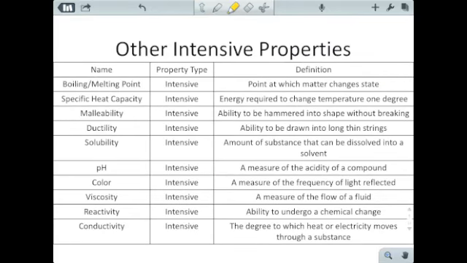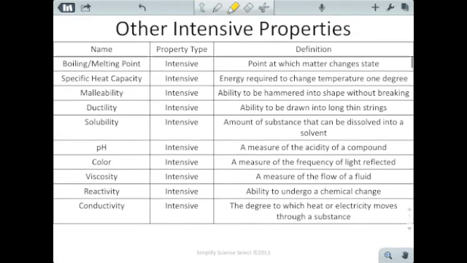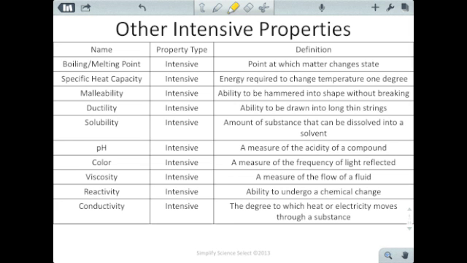Some other intensive properties: we can look at boiling point or melting point, the point at which matter changes state. We can look at specific heat capacity, the energy required to change the temperature of 1 gram of substance 1 degree Celsius.